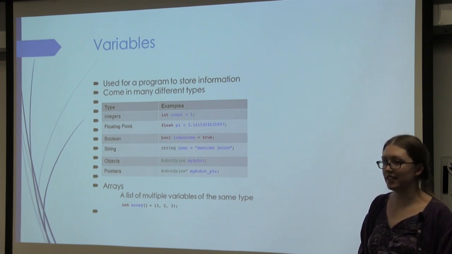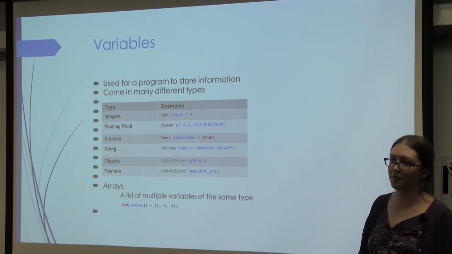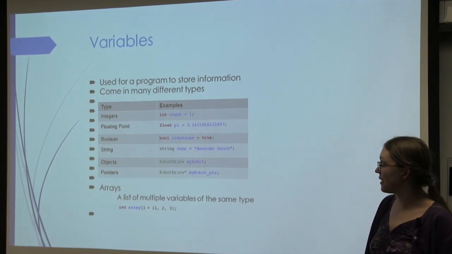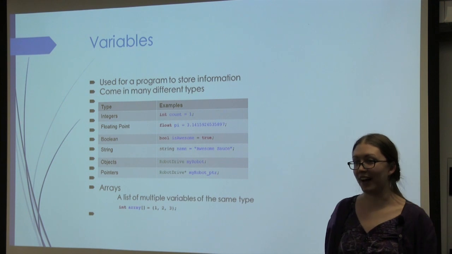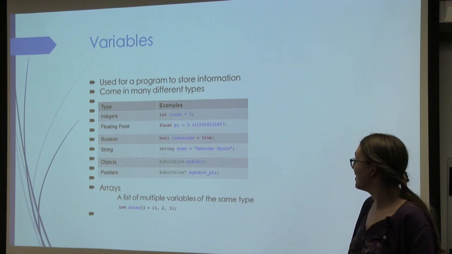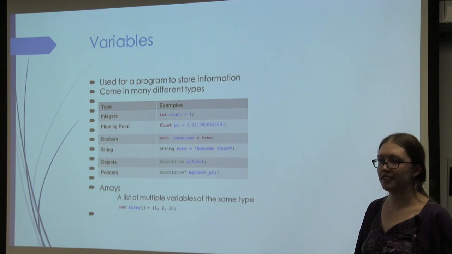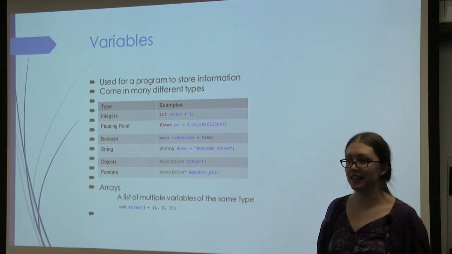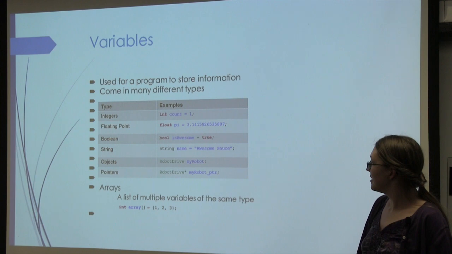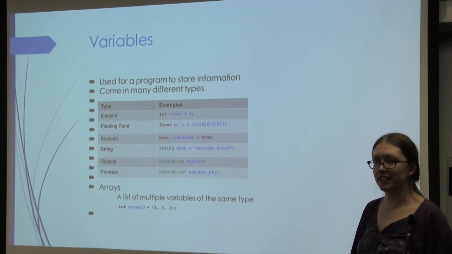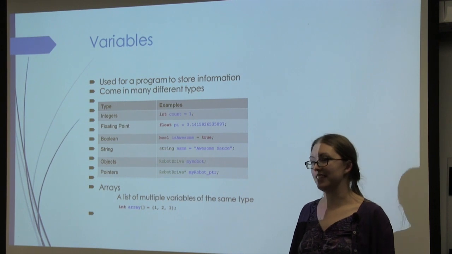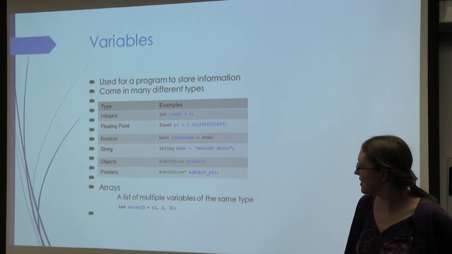So yeah, you have your different types. Integer, that's just 1, 2, 3. Floating point number with a decimal, so you can do things like pi. A Boolean, true, false. That comes in handy a lot. Strings you really won't use in FRC, not really.